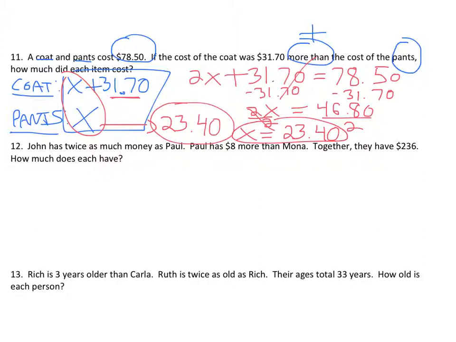And then the coat, you just plug the $23.40 into this and then add $31.70. So if you take $23.40 and add $31.70, that tells you that the coat is $55.10. And if you added those both up, they would equal $78.50.